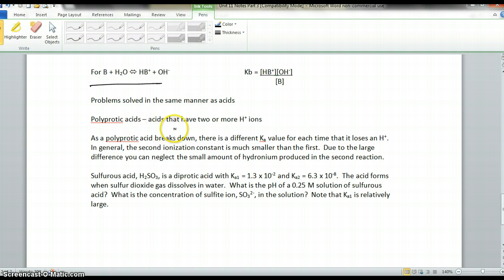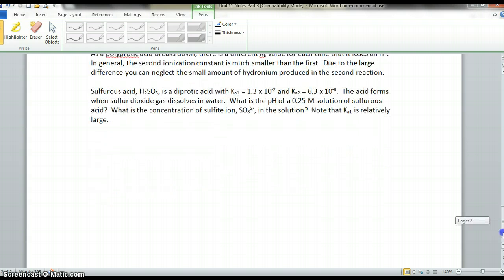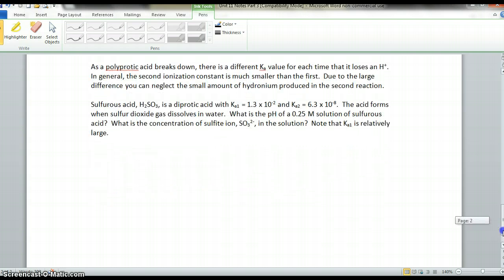For polyprotic acids, you have an acid that has more than one hydrogen. And because it has more than one hydrogen, it has more than one Ka value, because it's going to need a constant each time that it loses an H plus.